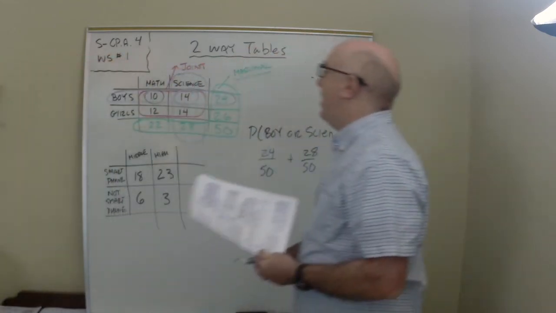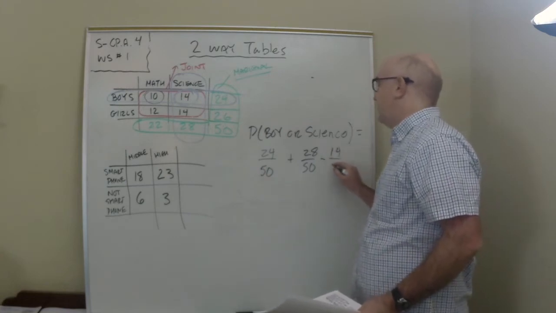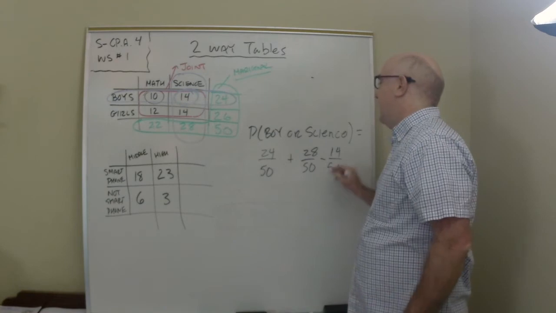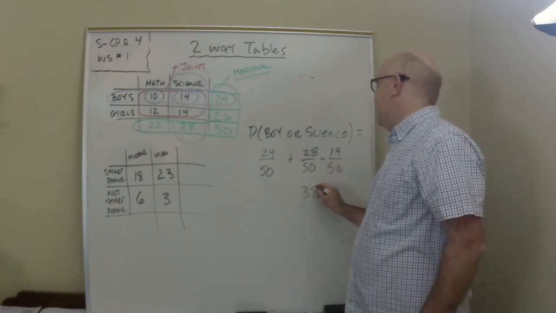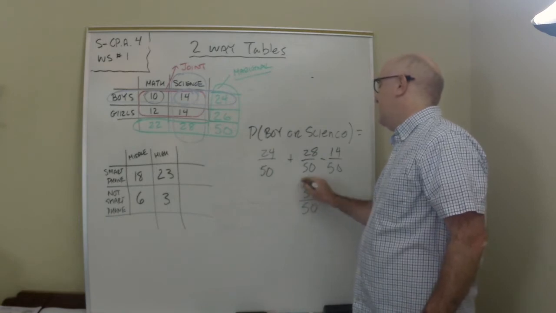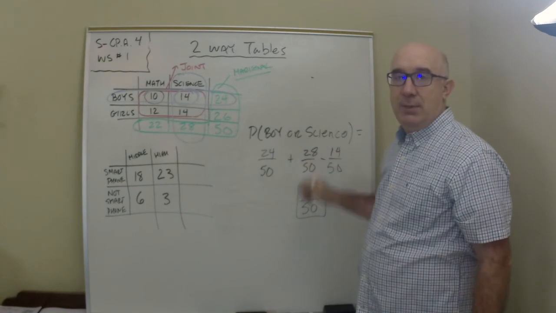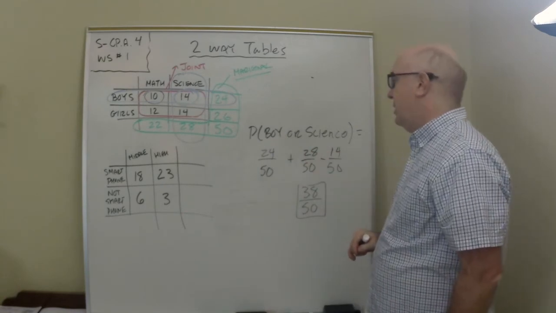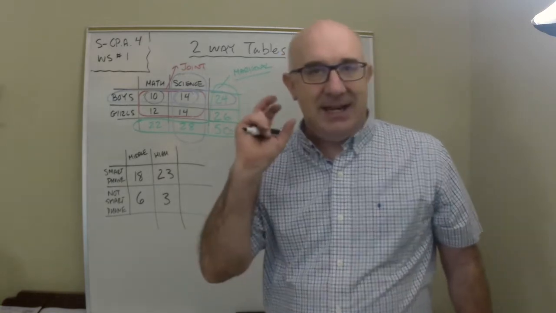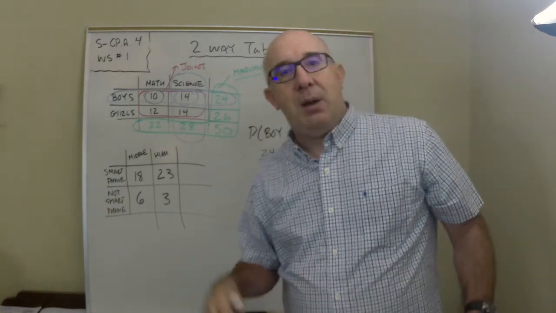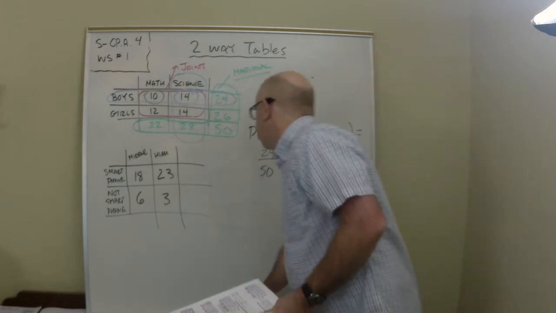So it got double counted because it's in the boys and in the science group, and so we need to take it out. I think we get 38 out of 50 is the chance of being a boy in the survey or someone who liked science. So the "or" statement's a little tricky. The "and" is quite easy. It's that intersection value. The probabilities of science or math or boys are quite simple as well.